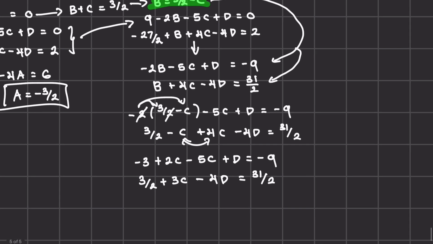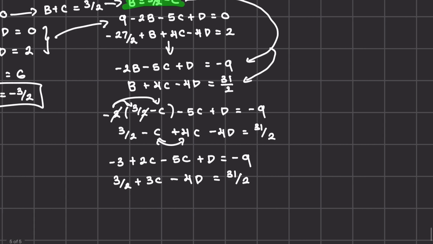Let's simplify this more actually, okay? Let's do it on the right-hand side here, so we're not getting confused. We're simplifying. For the first equation, we want to add 3 to both sides, so we cancel out the 3 on the left-hand side. And we simplify our 2c minus 5c there.